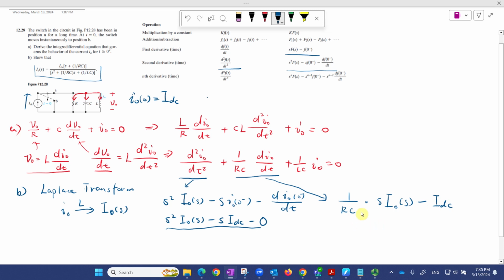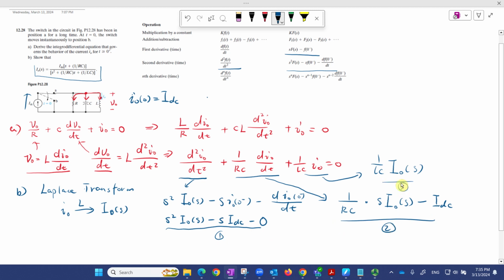That gives the second one. The third one is easy, it's just 1 over SC multiplied by I0(s).